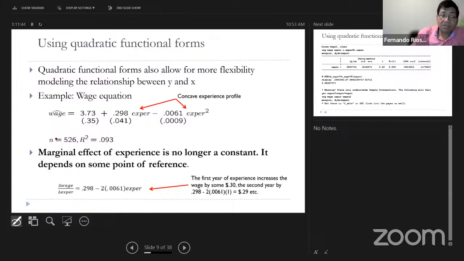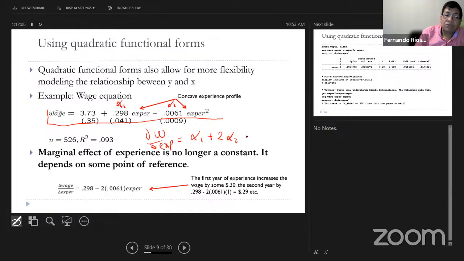So how do you estimate it? You start with this model, you get your partial effects, which are equal to alpha 1 plus 2 times alpha 2 times experience.